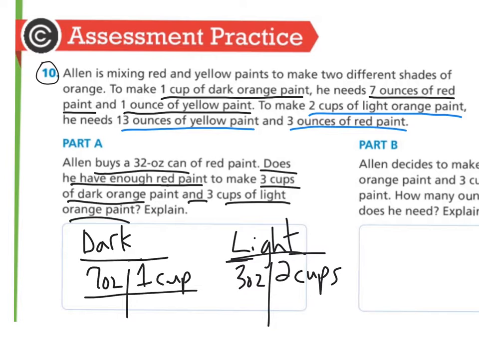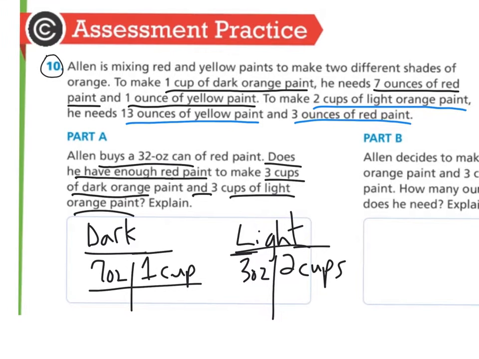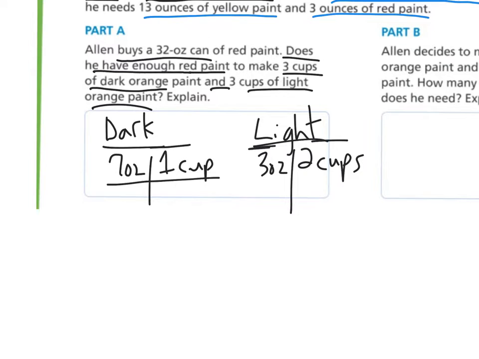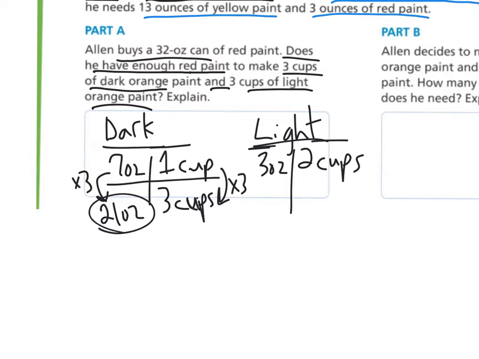And the question is, we're trying to make 3 cups of both of these. So the dark is set up pretty nice. We know for 1 cup, so 3 cups, we're going to need 3 times as much. So 7 times 3 would be 21 ounces of red paint.